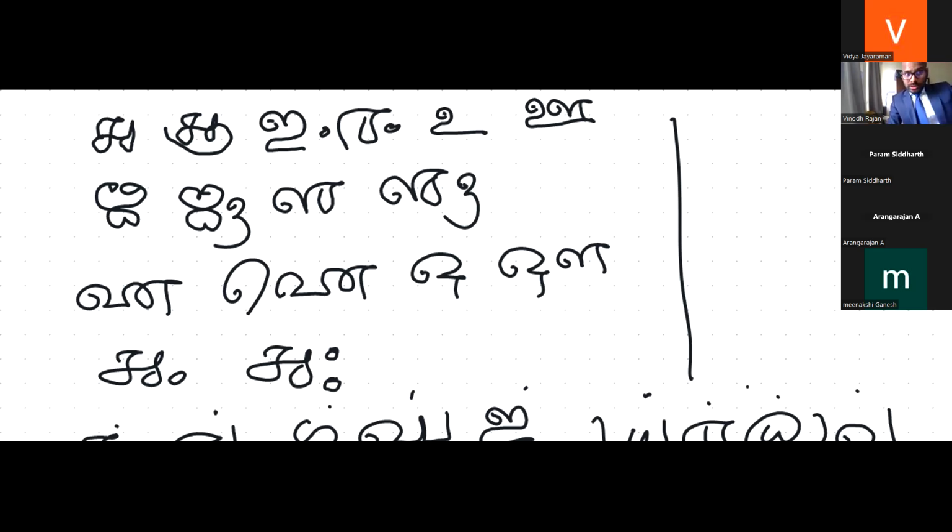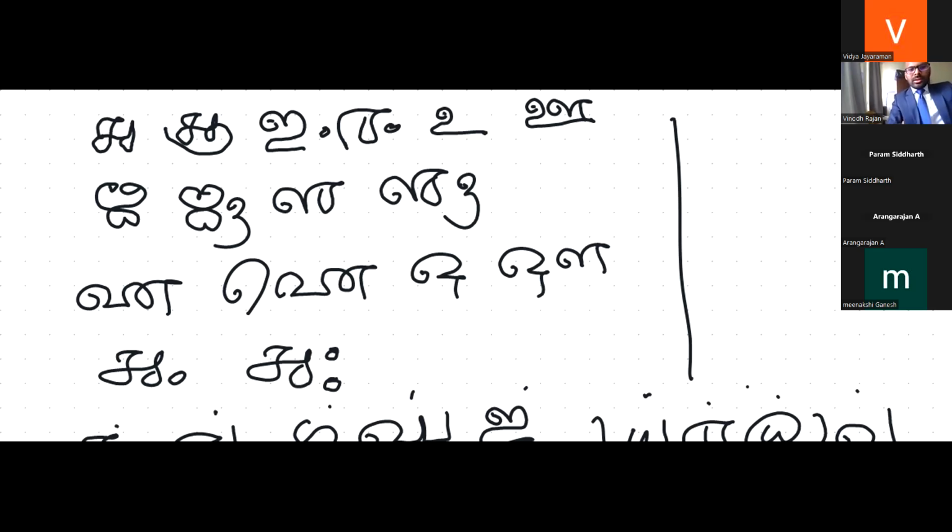So as you have noticed, this thing is pretty much the same as Tamil. And this thing, it can also be written like this. It's pretty much the same as Tamil. This is very similar to Tamil.